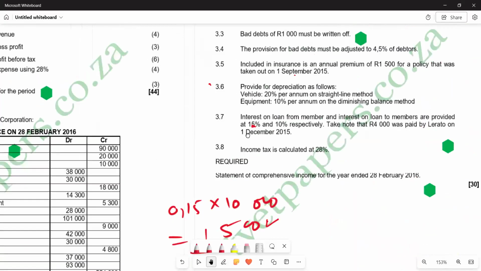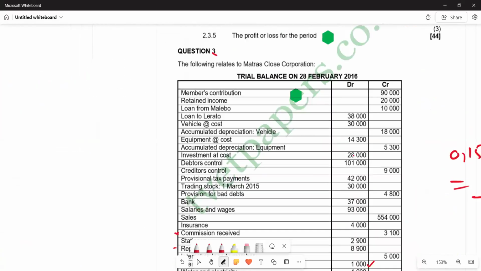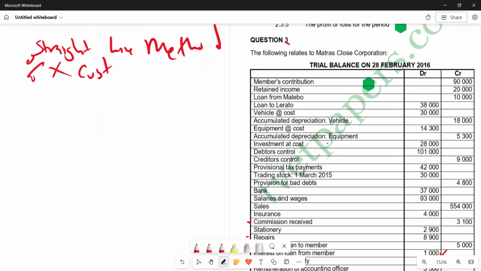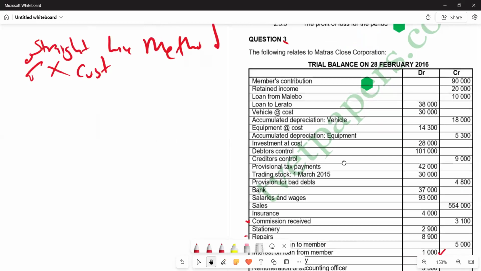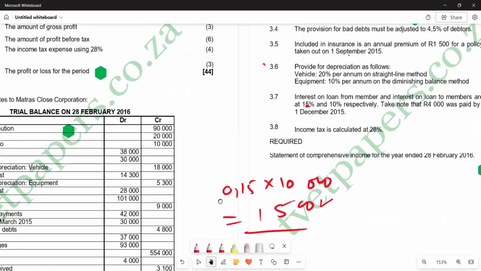So we go to the cost of vehicle. Remember, straight line method. The formula that we use for straight line is percentage times cost. We can just verify the percentage, 20% for vehicle.